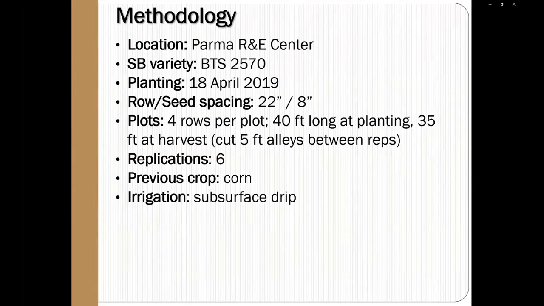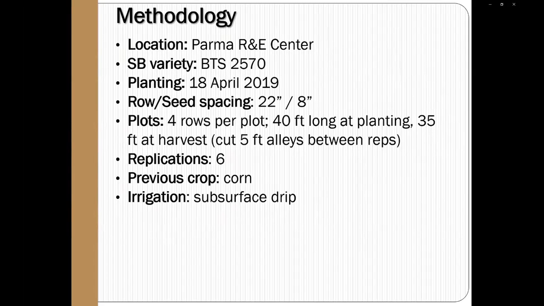So to explain a little bit about the study, the trial was conducted at the University of Idaho Parma Research and Extension Center. We only used one variety because this is just an initial work, and we're hoping to include at least 2 or 3 varieties in our expanded study planned for next year. We used the typical planting date and row spacing and seed spacing.